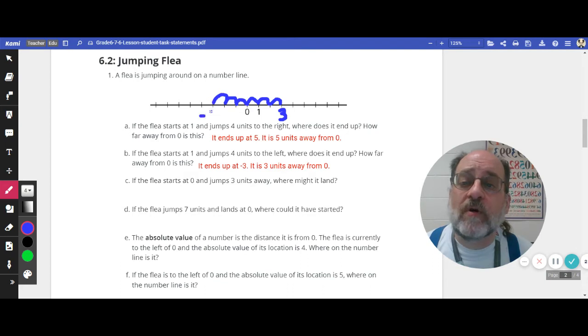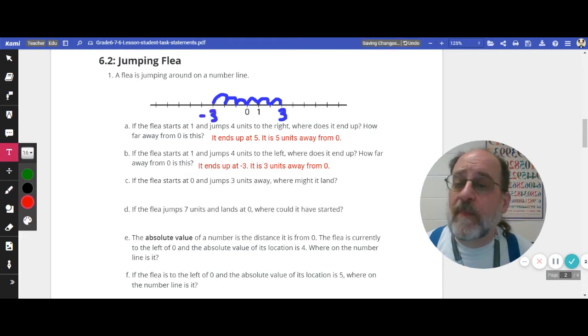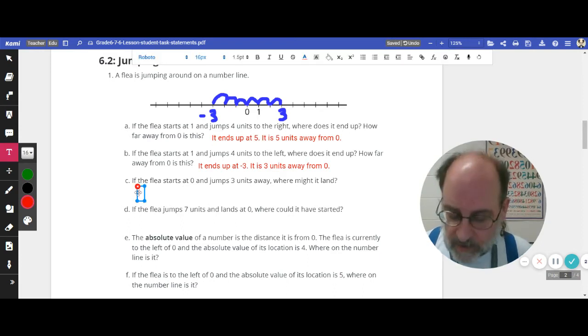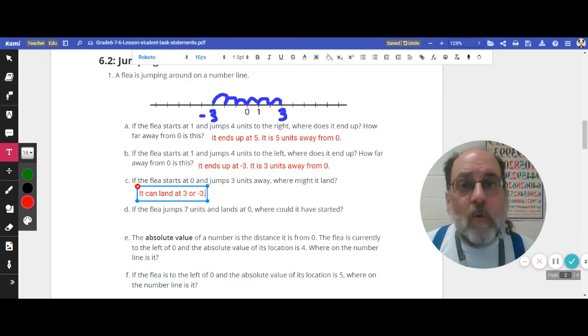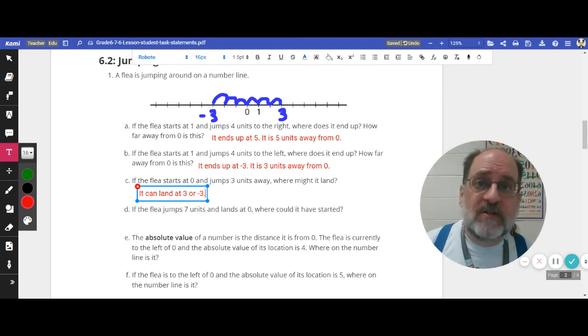That was a big jump to end up at -3. So we can land at 3 or -3. We have 2 answers here because I'm not telling you which direction it's going. It could go either direction from 0.